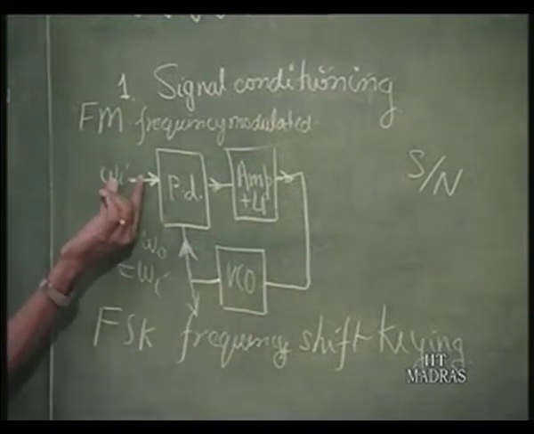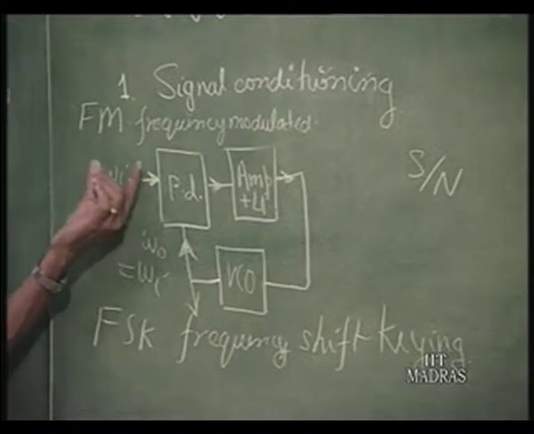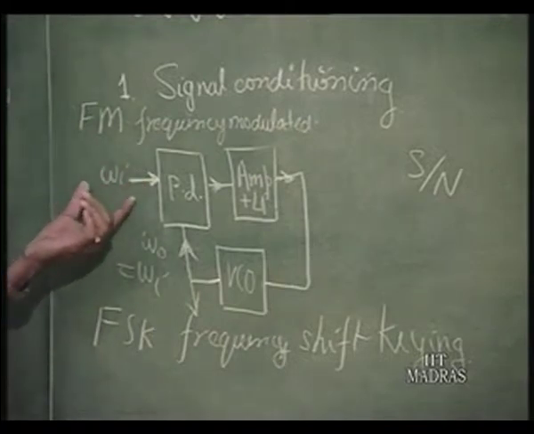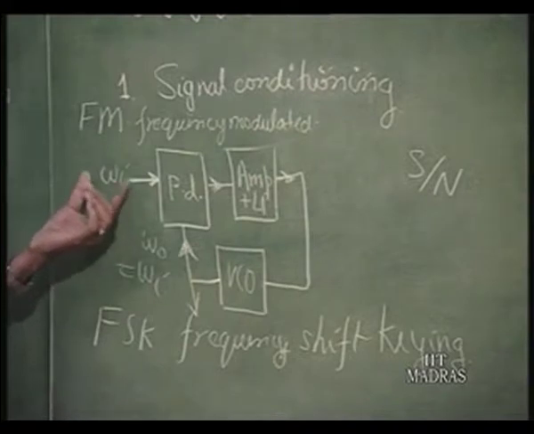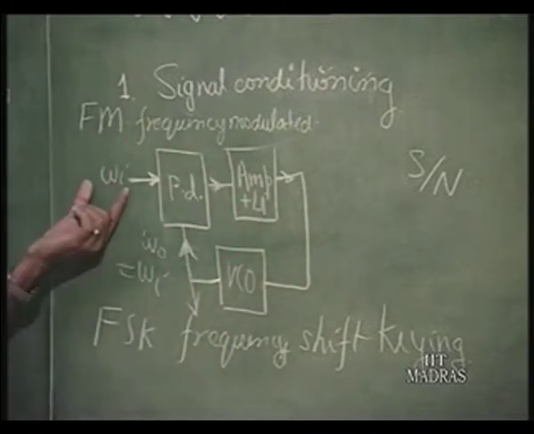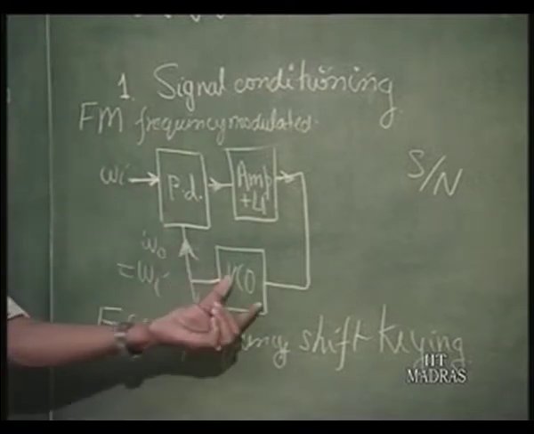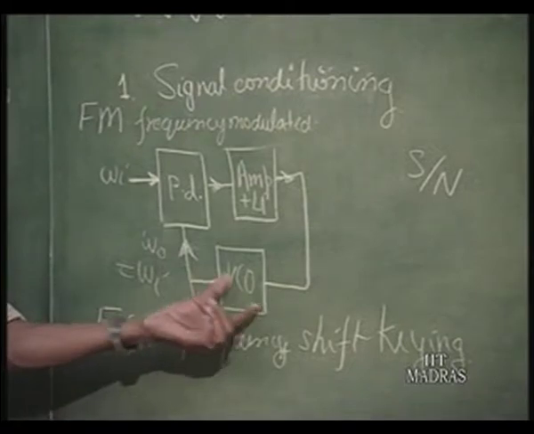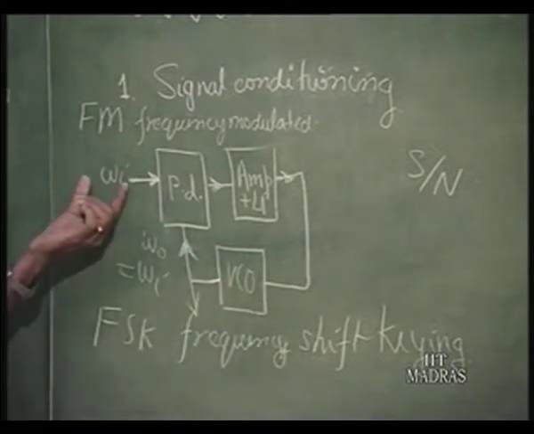Then the input, which is corresponding to composite video, will also have the information about horizontal synchronization. At that particular point, this will get locked on to the incoming horizontal synchronization pulse frequency. So, this frequency will be adjusted exactly to be the same as the transmitted horizontal frequency signal, right.